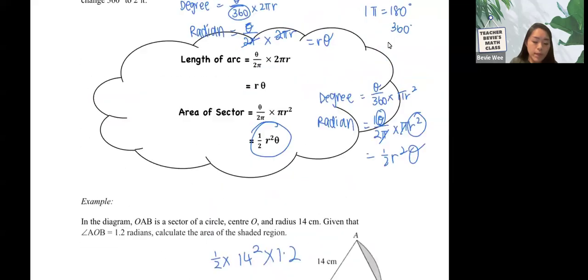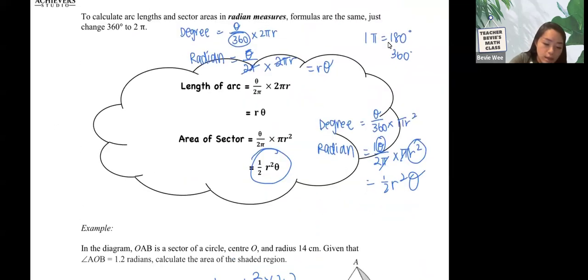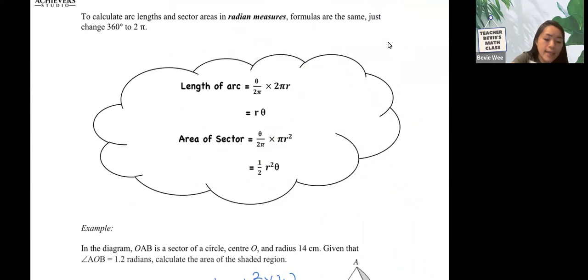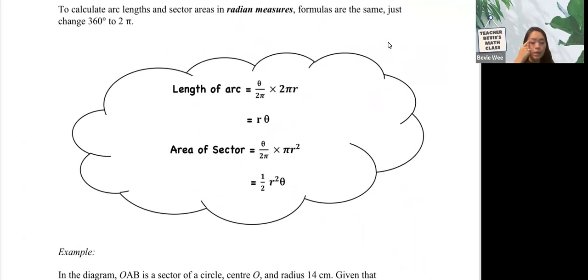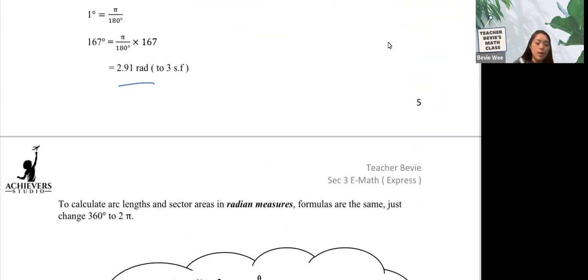Radian mode, most importantly. Radian mode formula, it's inside your formula sheet. Let's recap the formulas for this. Can anyone tell me, 1 pi radian equals how many degrees?